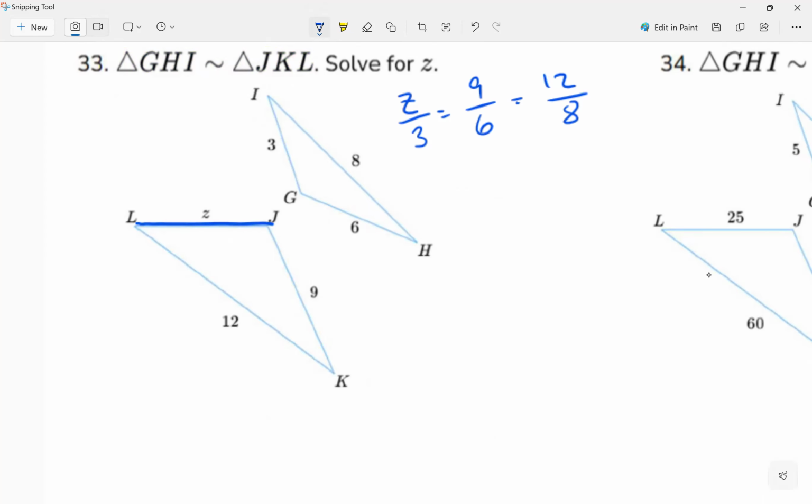The measurement Z is the side LJ. What two letters are you using on the notation that was given at the beginning? Remember where it says on the top, triangle GHI is similar to triangle JKL.